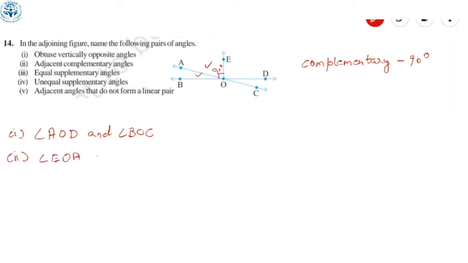Angle EOA and angle AOB. The third one, equal supplementary angles. Supplementary angles are 180 degree and they are also equal. So the two angles are this one and this one.